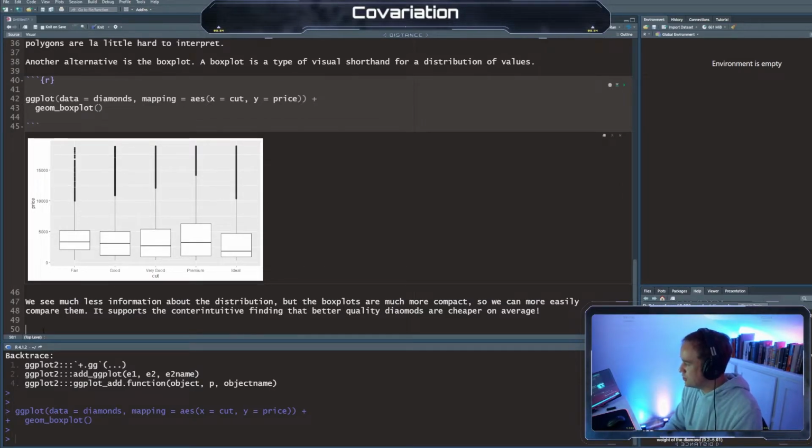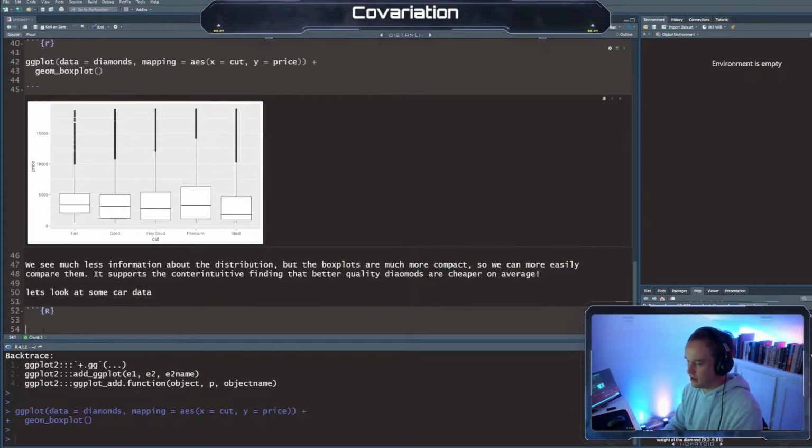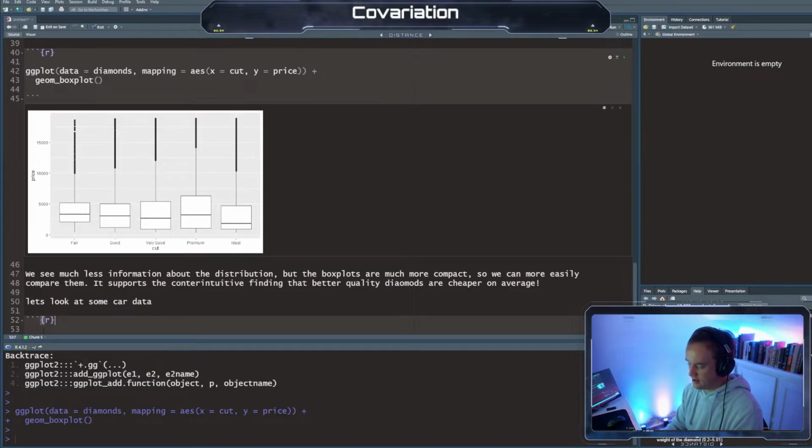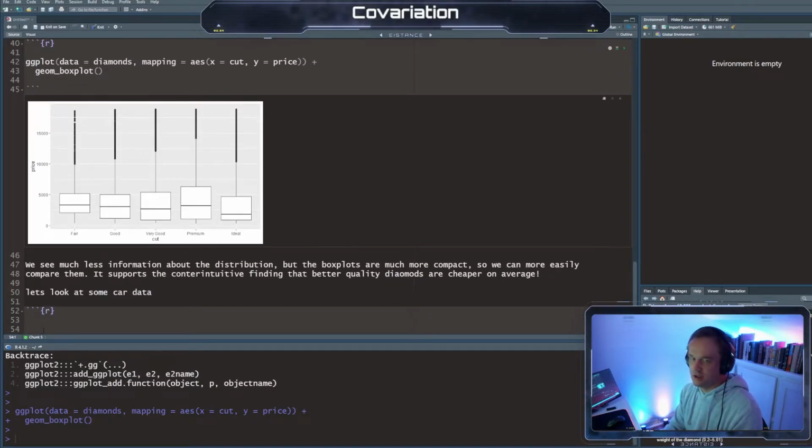So let's look at some car data. And this is just to show you that whatever biological ranking you're doing, you can reorder it on your graph.